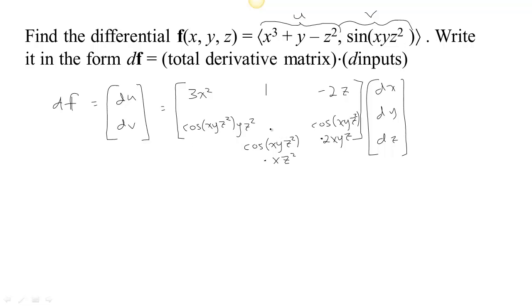Of course, one application would be, if we had given values for x, y, and z, we could find all the rates of change at our particular location, and then ask: what if we make a small change in x, or y, or z, or some combination of those changes? How will u and v change? So we could get this approximate error in u and v given small changes in x, y, and z.